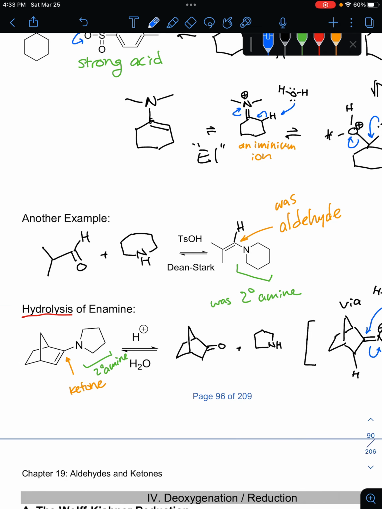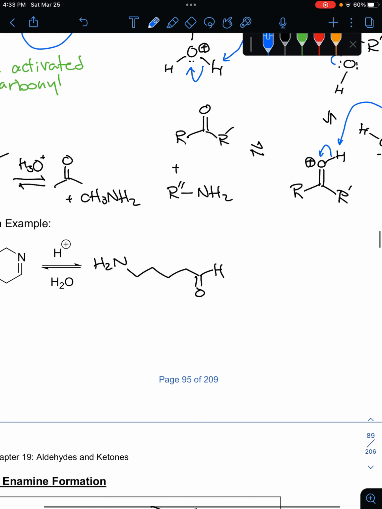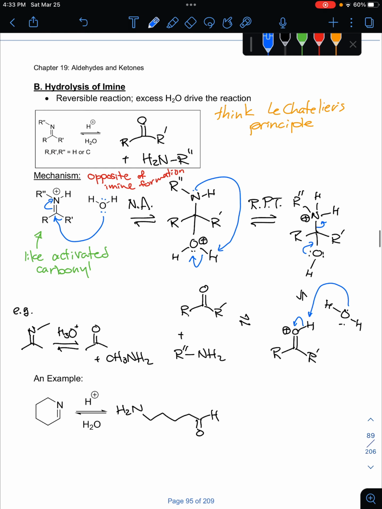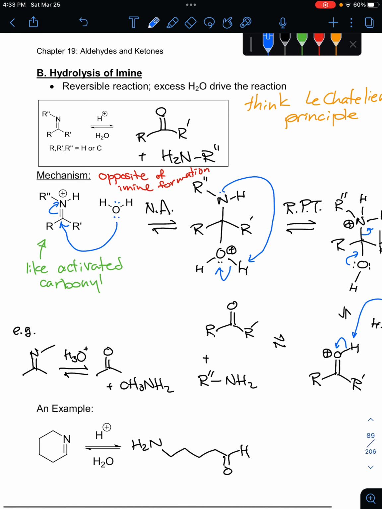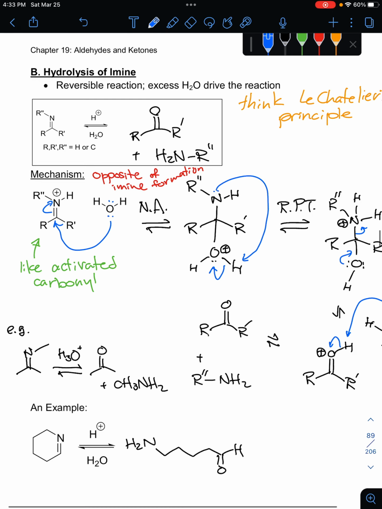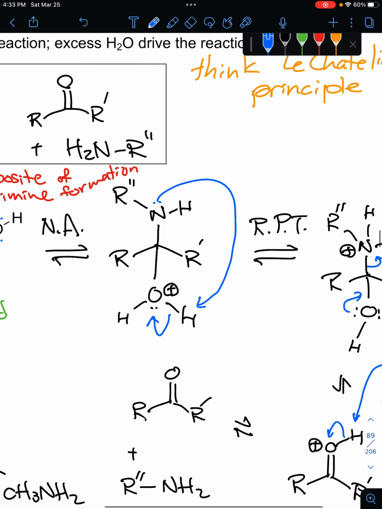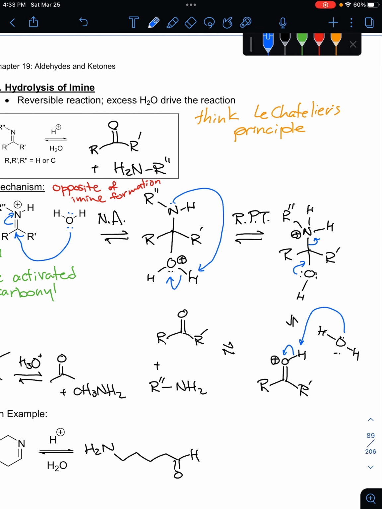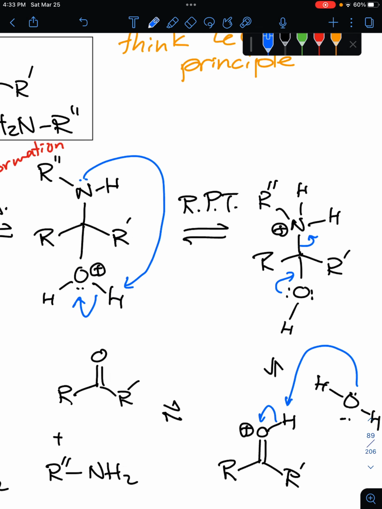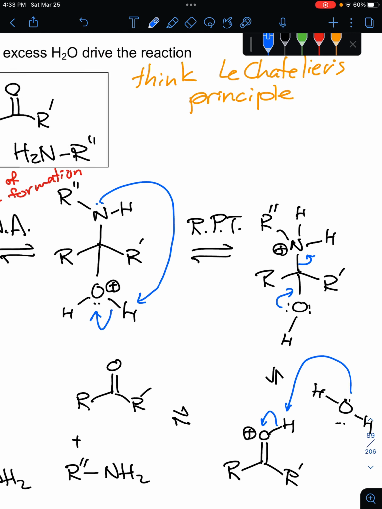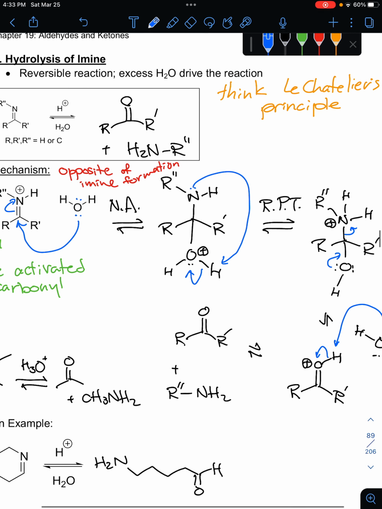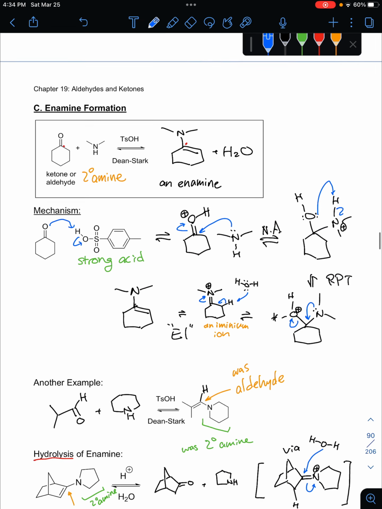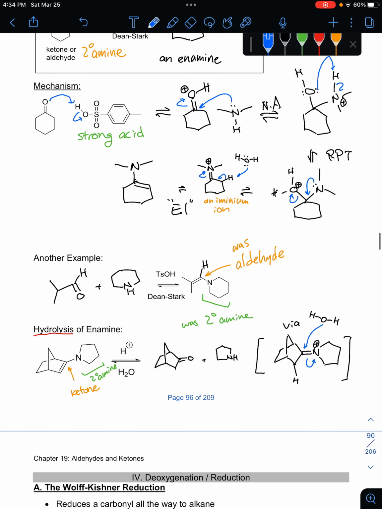If you get stuck, you can refer to the imine hydrolysis mechanism. Water attacks the imine, you get the tetrahedral intermediate, you move some protons around so that you can free the nitrogen, and then you end up with a carbonyl compound. So basically the same idea.